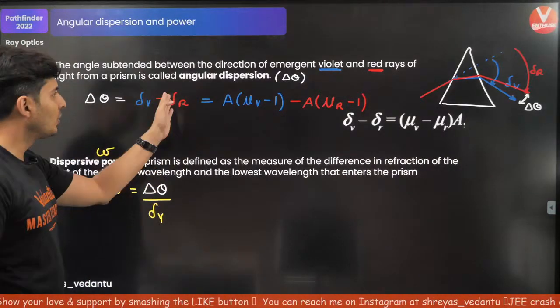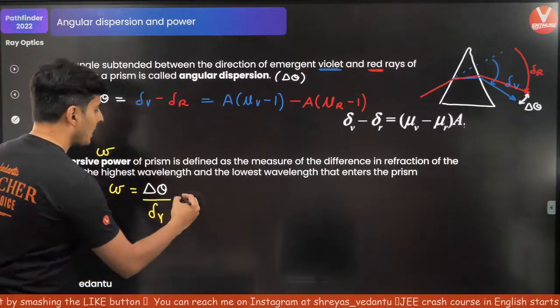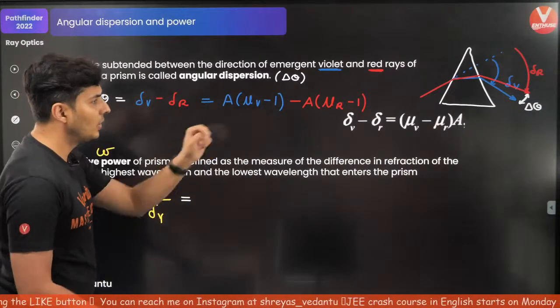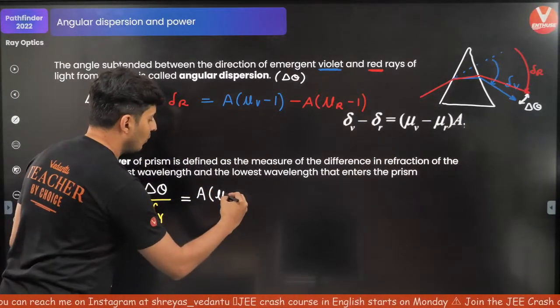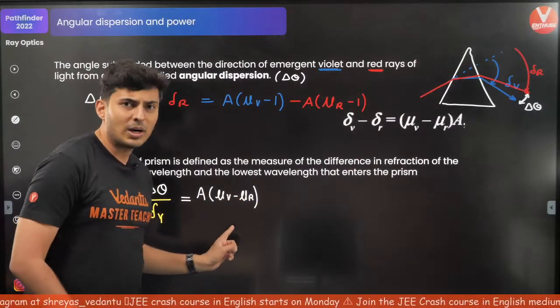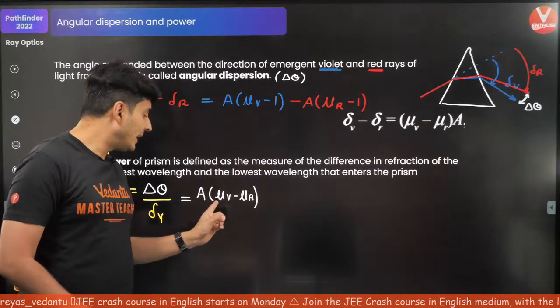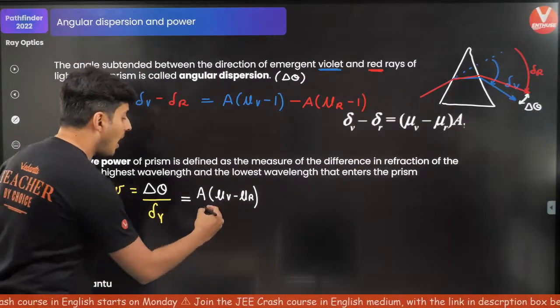And now, if you put all these values, you will get the answer. It's very simple to get it. Delta theta, I just got it over there. It was A into mu V minus mu R. Okay, what are this mu V and mu R? Refractive index for violet, refractive index for red. I just told you it's different for different colors.